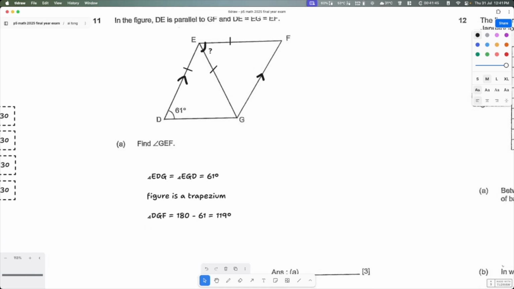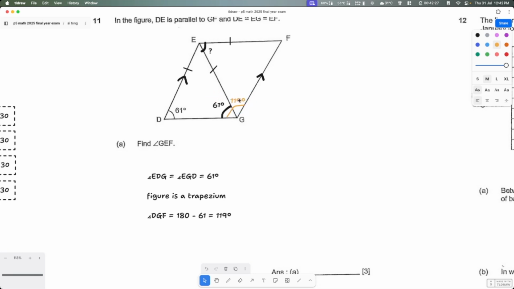So we know that this part over here is 61 degrees, and this whole yellow line, which I'll draw as a curve in the middle, is equal to 119 degrees.